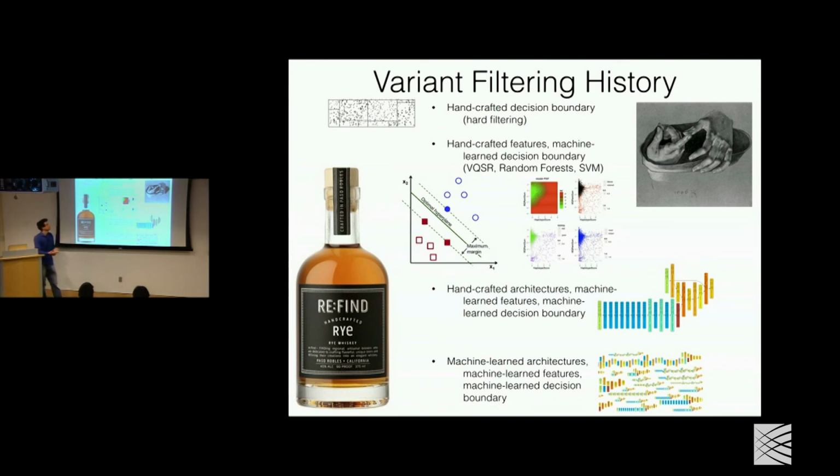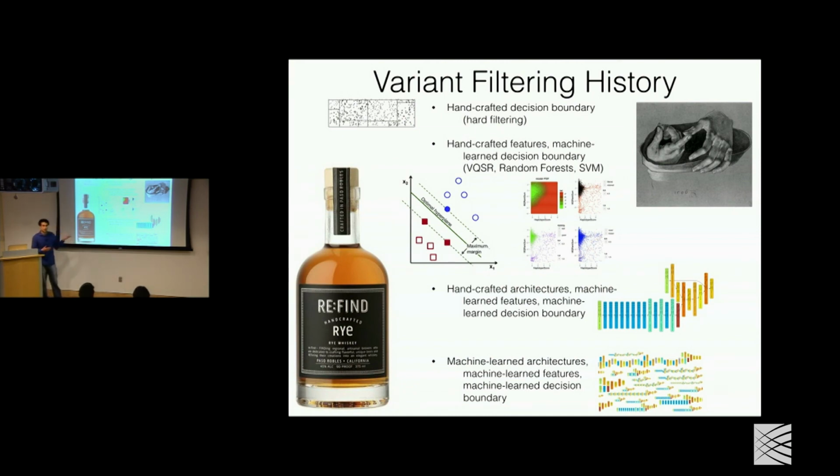The next sort of step forward was to learn the decision boundary rather than just tuning knobs to find it. And there were a lot of algorithms in this space. The variant quality score recalibrator in the GATK, for example, uses Gaussian mixture models to model what real variation looks like in a high-dimensional space of these summary statistics or annotations.